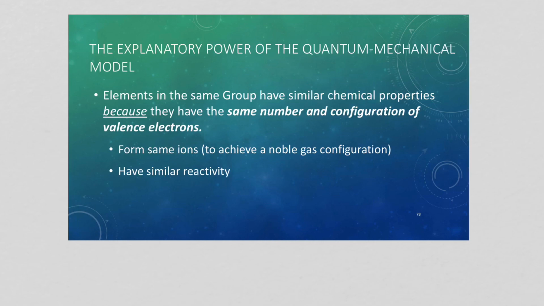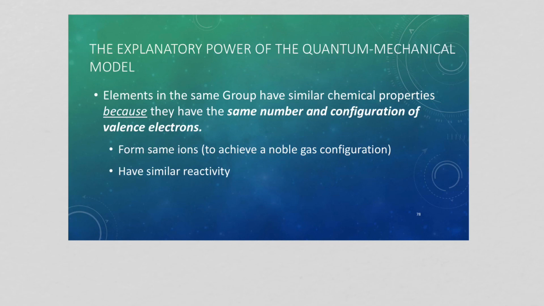This is what explains why fluorine, chlorine, bromine, iodine tend to be similar, because they all have that s2p5, all have those 7 valence electrons. Or why the alkali metals tend to have similar behavior, because they all have that 1 valence electron located in an s orbital, etc. So this explains some of these behaviors.